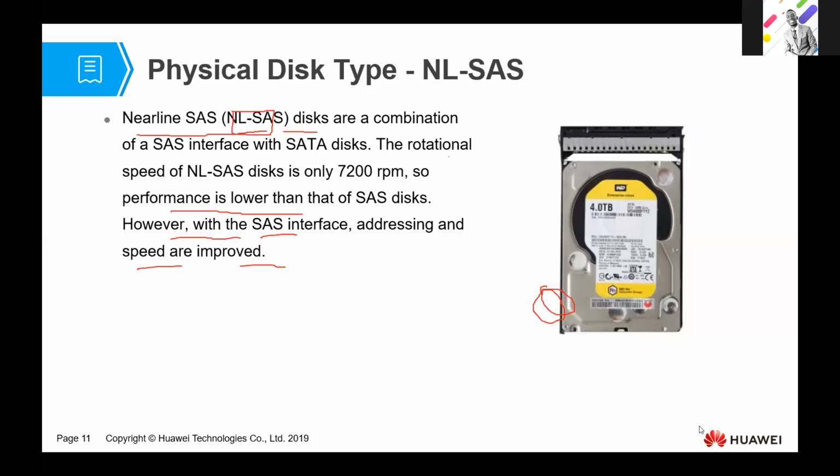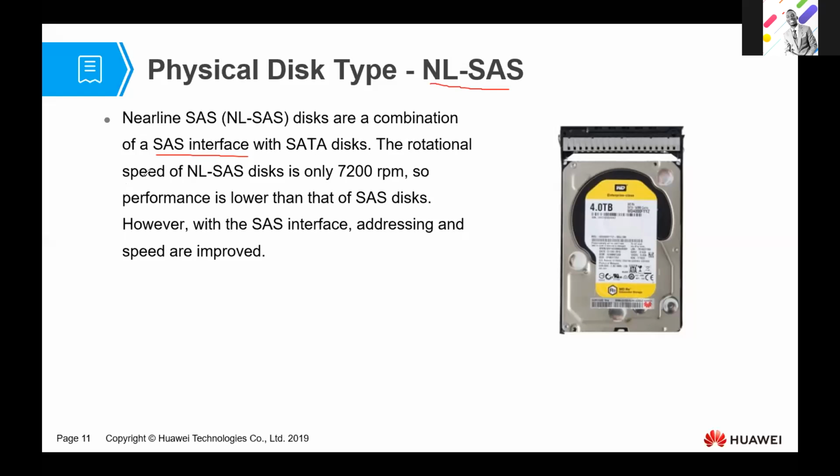There's also another type which is called nearline SAS, or nearline hard disk. So the nearline hard disk, or the NL SAS, are disks with a combination of a SAS interface with SATA disks.